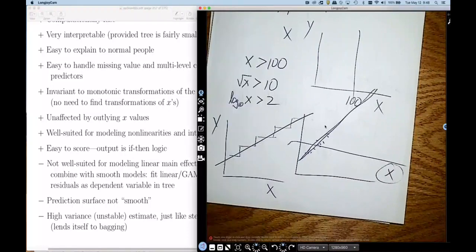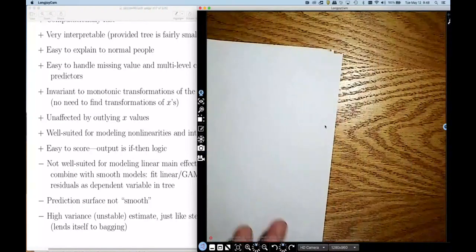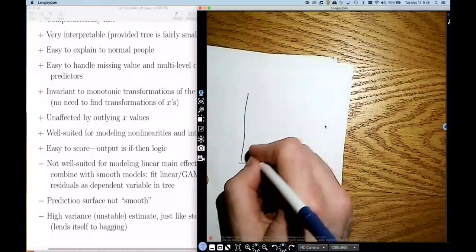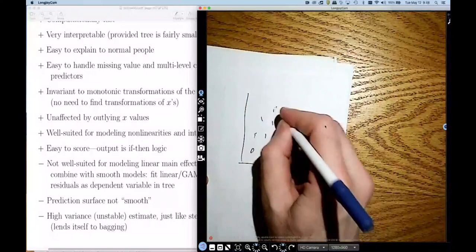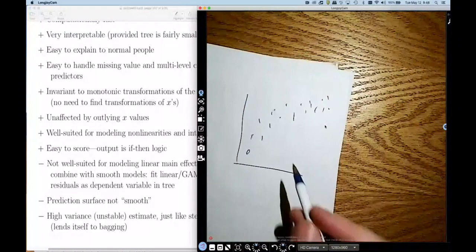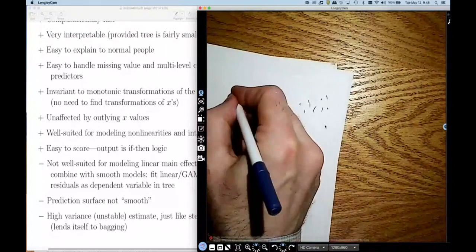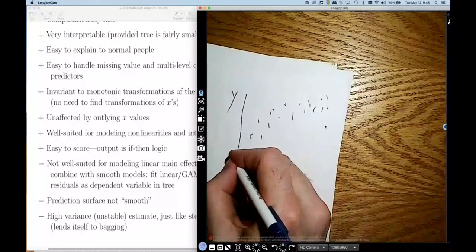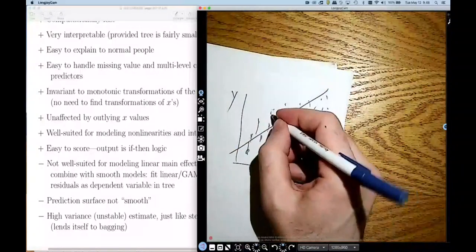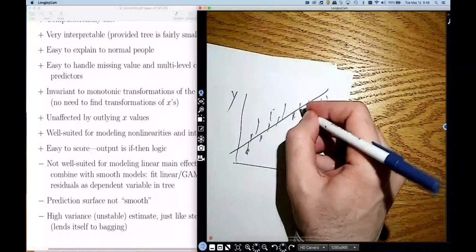So let's just have a quick example of this where maybe I have a situation like this. And let's say I wasn't smart enough to know that this was curved, and I threw my line in there. I would take the residuals and I would put that into a tree model.